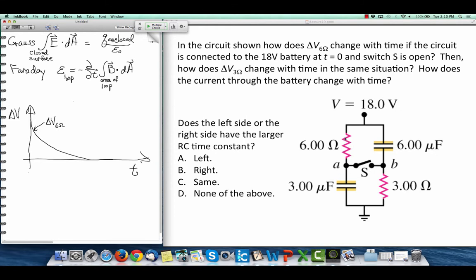When I hook up the battery, the capacitor is uncharged on the left here, and so that whole 18 volts is dropped across the 6 ohm resistor.